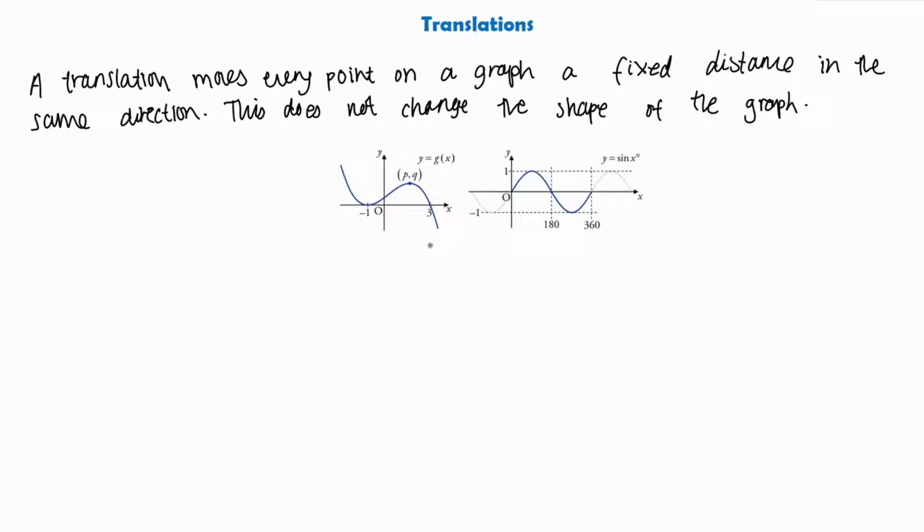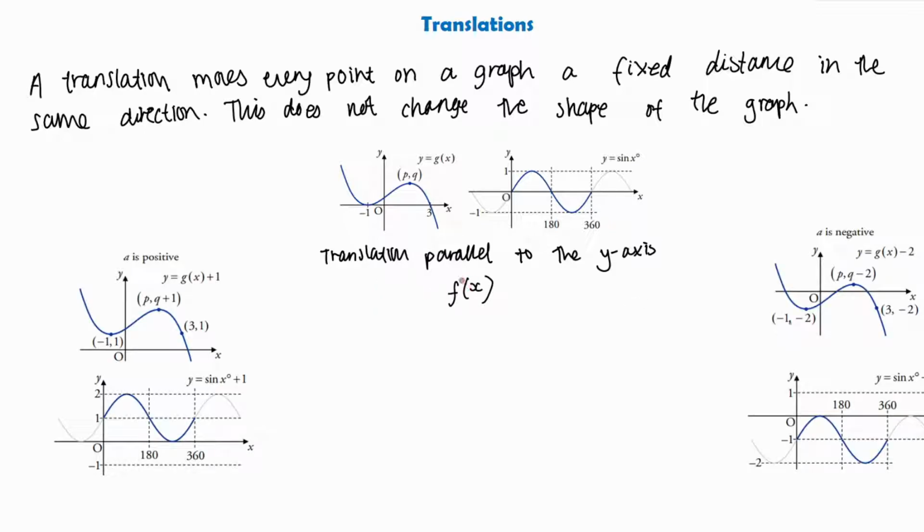So the first type of translation we're going to talk about is a translation parallel to the y-axis, because there's going to be two different types of translations, one which is parallel to the y-axis, and as you can guess, a translation which is parallel to the x-axis.